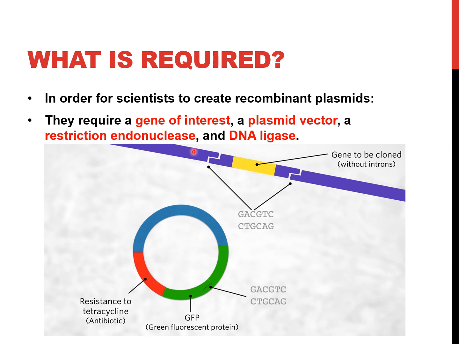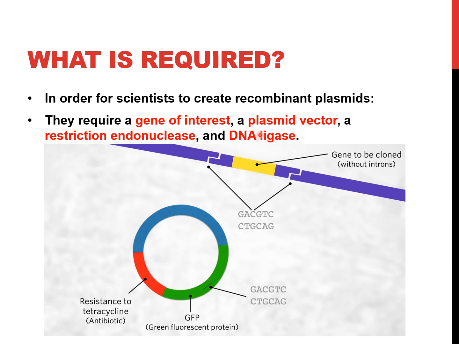So in other words, you get DNA with no introns, which means it's then compatible with the bacterial or prokaryotic DNA, because they do not have introns, because they don't have that step of RNA processing. So it's all coming together. The puzzle pieces should be coming together. Cool, so we have that gene of interest without introns.